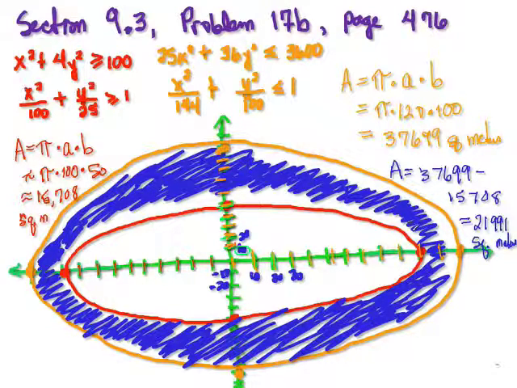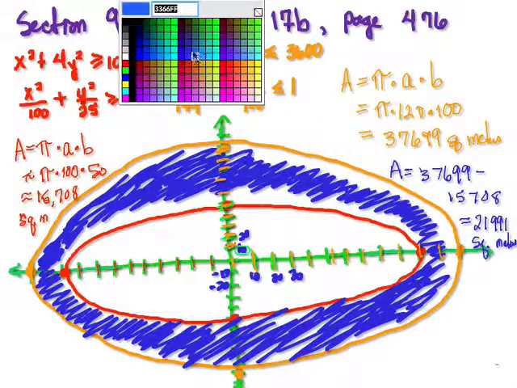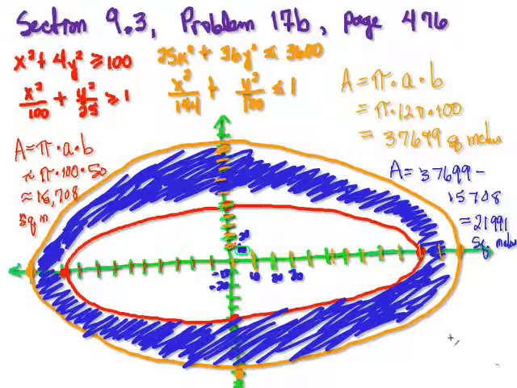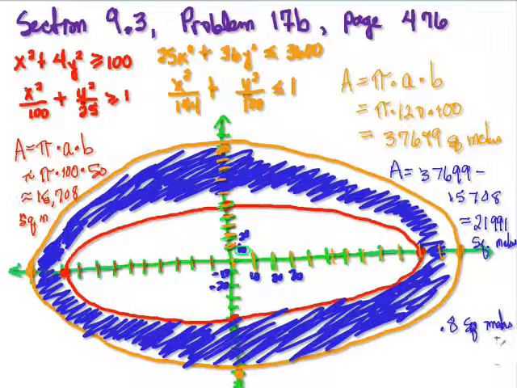It's 21,991 square meters, but it says in problem 17b that every chair takes up 0.8 square meters. And so if every chair took up 1 square meter, I could put in exactly 21,991 chairs. But every chair takes up a little less than 1 square meter.